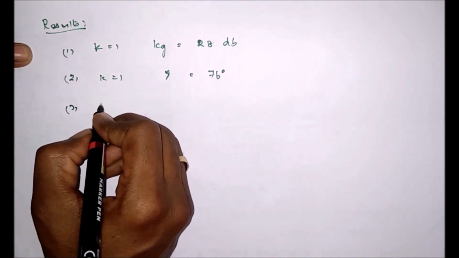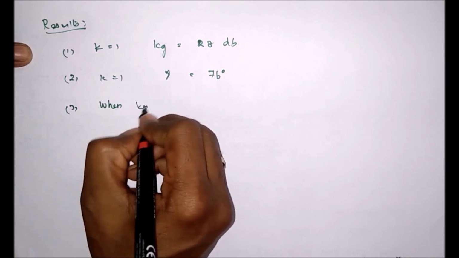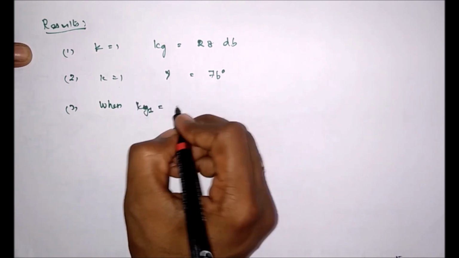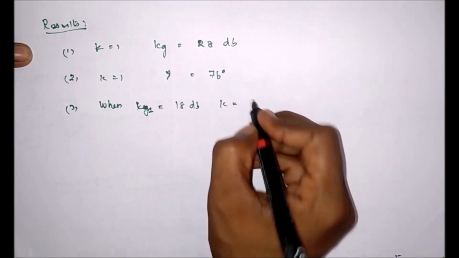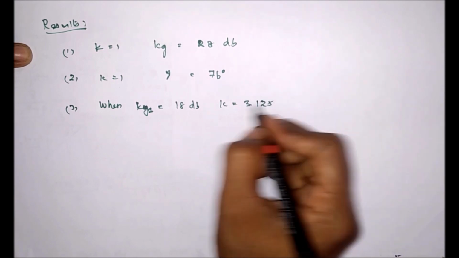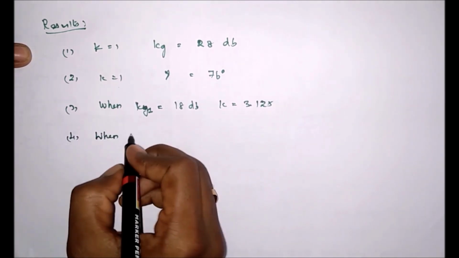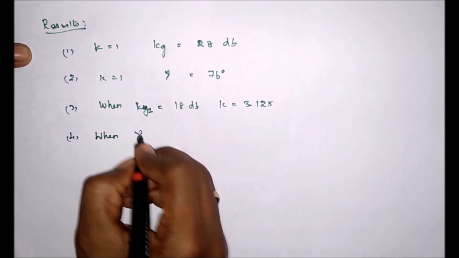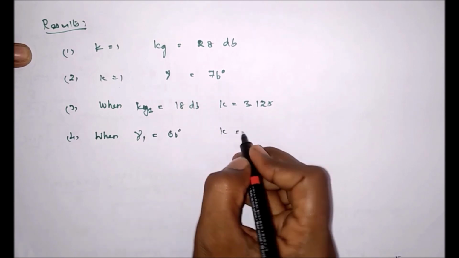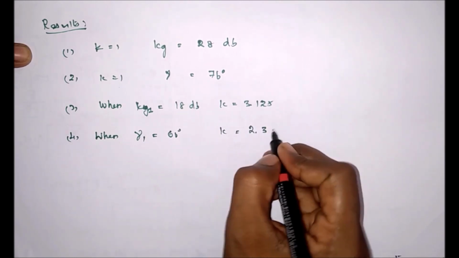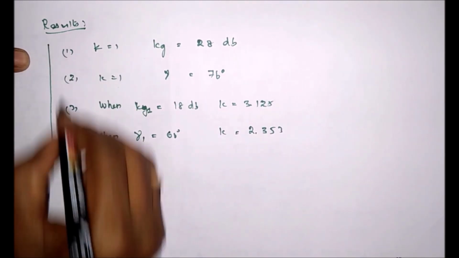Then for given gain margin Kg1 equal to 18 decibel, K value equal to 3.125. Then next, fourth, when given phase margin gamma 1 equal to 60 degree, the corresponding gain K should be 2.353. So these are all our required 4 results.